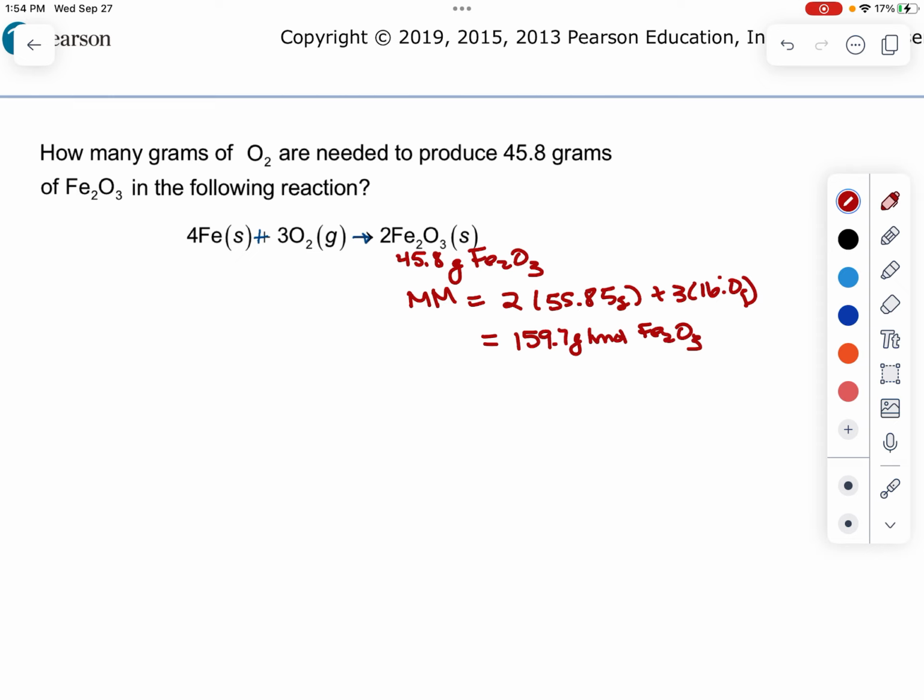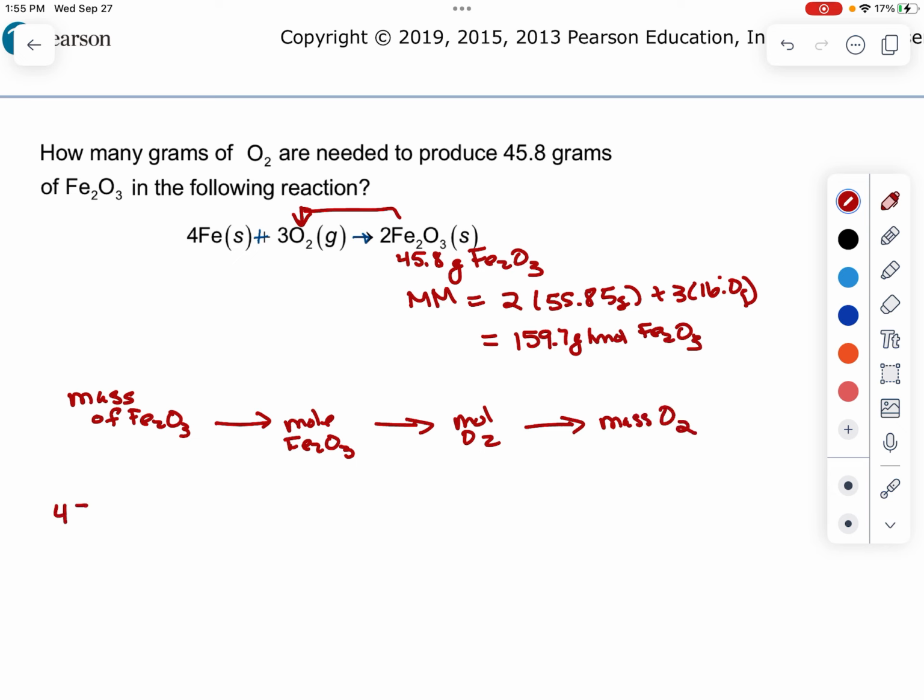I'm going to start with the mass of our product, and I want to know how much oxygen is needed. So in order to make that leap from one chemical species to another, I've got to first get my iron 3 oxide into moles. Then I'll go from that to moles of O2, and then from that, mass of O2.